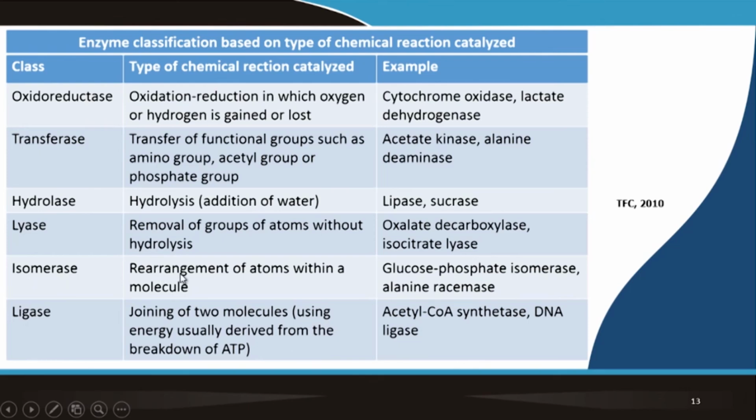Isomerase literally means it's going to catalyze the rearrangement of atoms within the same molecule. So you have glucose phosphate isomerase, you have alanine racemase. Then you have the last one, which is ligase. Ligase means joining of two molecules using energy derived from the breakdown of ATP. So you have acetyl CoA synthase and DNA ligase.